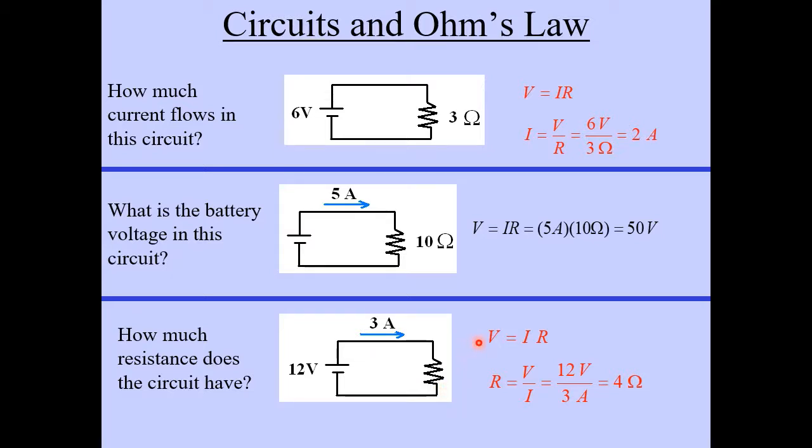V equals IR. This time we're going to solve for R. So the resistance R is equal to the voltage divided by the current. The voltage is 12 volts, that was given. The current is 3 amps, that was given. 12 divided by 3 is 4, and since we're solving for a resistance, the units is ohms. So this must be a 4 ohm resistor.